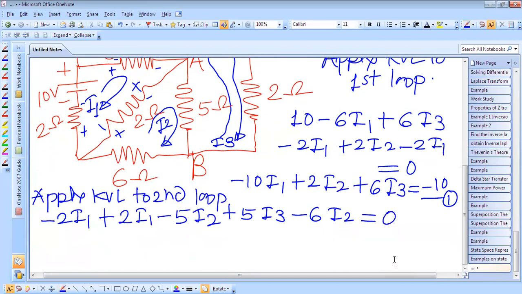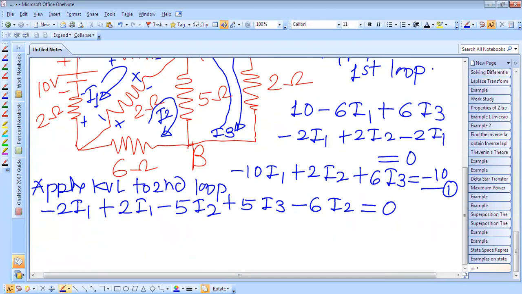Further we can write this. Oh sorry, this is I2. We are starting from this. There is a fall in potential because of current I2, so minus 2I2, and a rise in potential because of current I1, so plus 2I1.